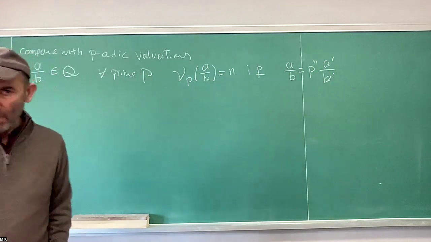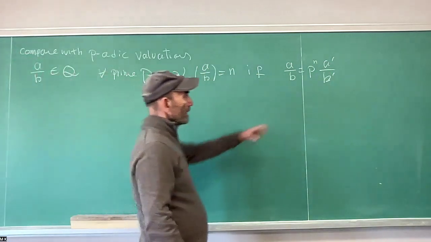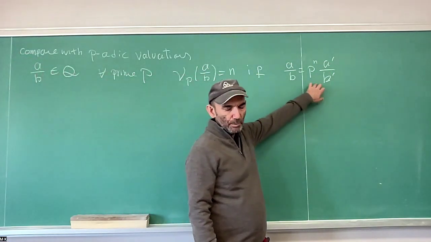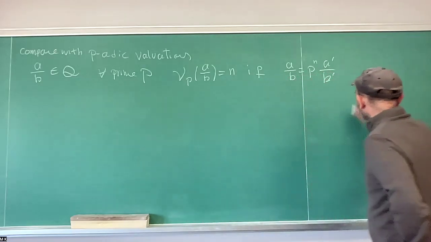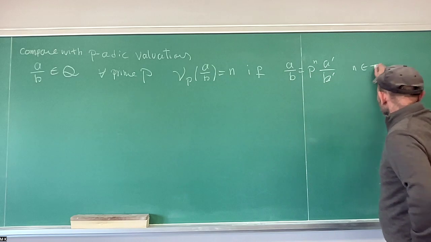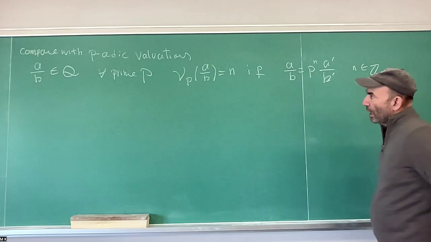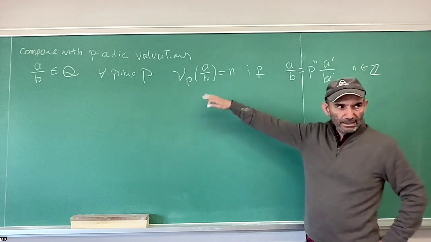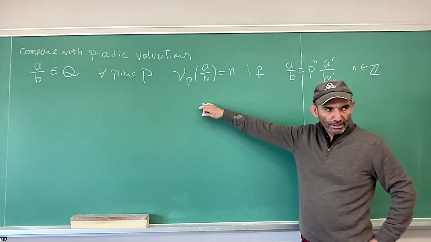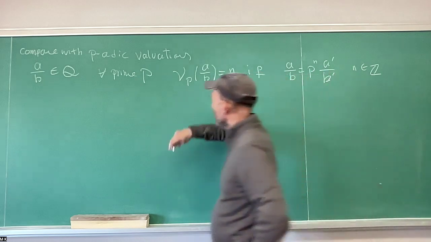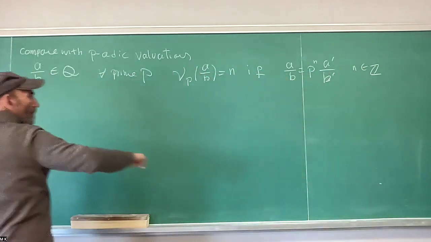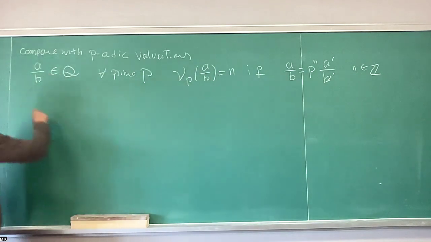We can always extract any p power that exists, but of course n could be 0, could be positive, could be negative. So n belongs to Z. I argued that this is an analog of the order of a meromorphic function. So this should be compared with the order of a meromorphic function.